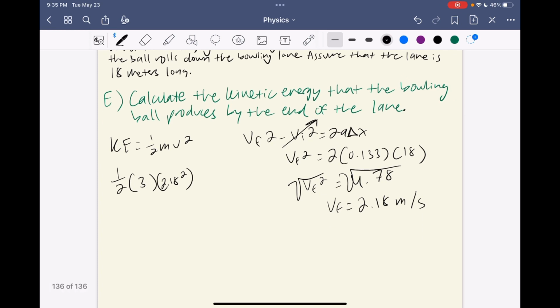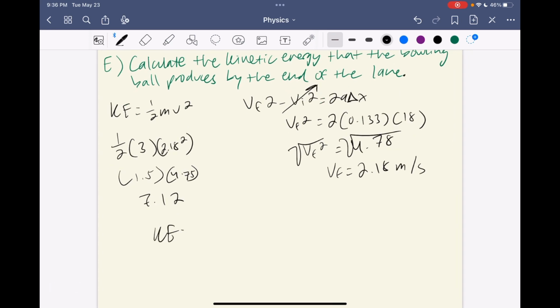So 3 divided by 2 is 1.5, and then 2.18 squared is 4.75, and then 4.75 times 1.5 is 7.12. So the kinetic energy that is produced by the bowling ball by the end of the lane is 7.12 joules.